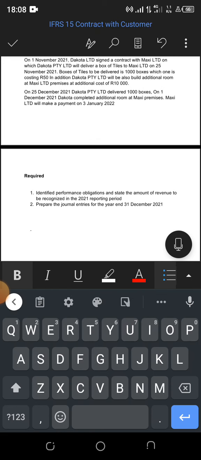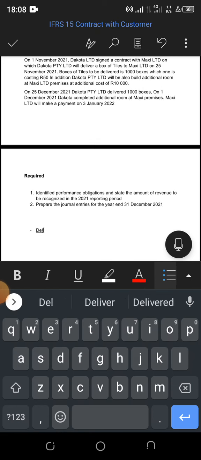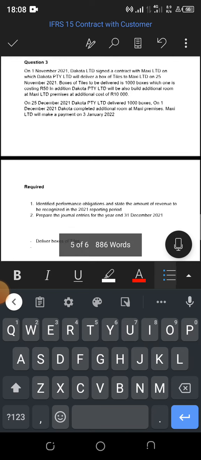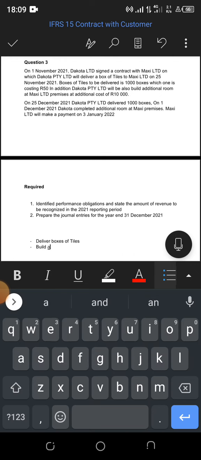Okay, the performance obligation is to deliver boxes of tiles. Then you also have to show the date. Then the other obligation is to build the additional room.